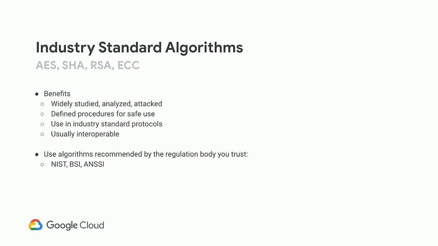And they come with a set of documentation that tells you how to use those algorithms, because many cryptographic algorithms, if they're not used as defined, potentially expose weaknesses. Right. And also, one of the main benefits is that you can then get interoperable systems.